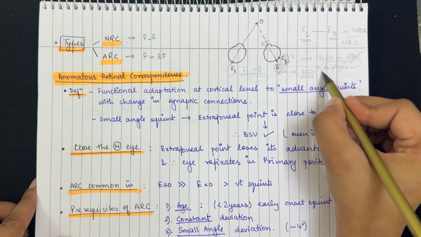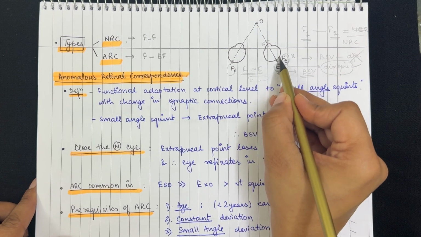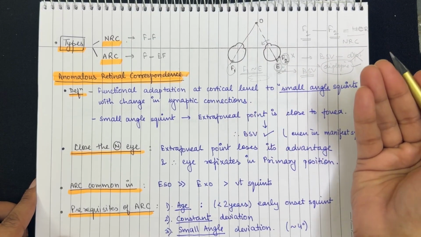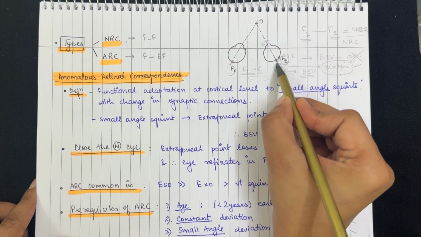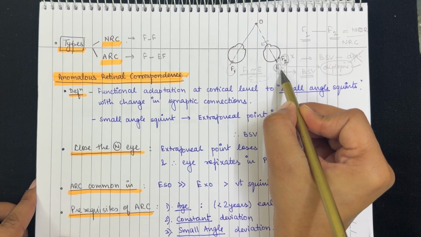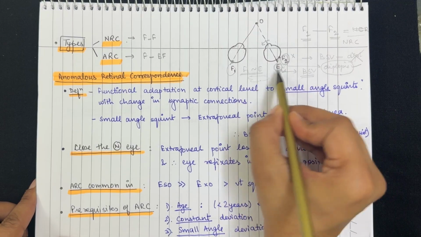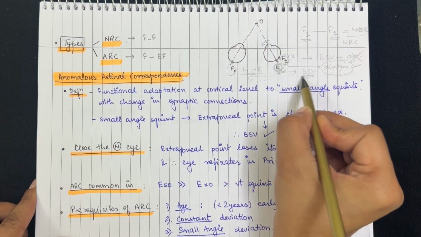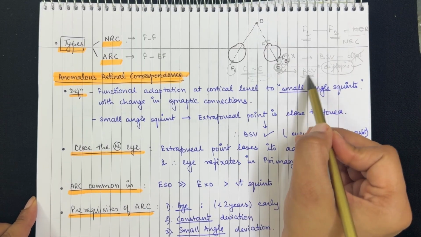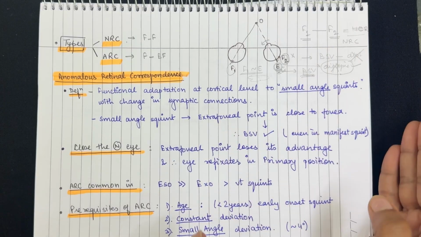To control this diplopia, because it is a very small angle of deviation and there are growing cortical connections, the brain gives power to this extrafoveal point to act as a foveal point for some time. This maintains binocular single vision. Despite having a manifest squint, he maintains binocular single vision because of anomalous retinal correspondence.